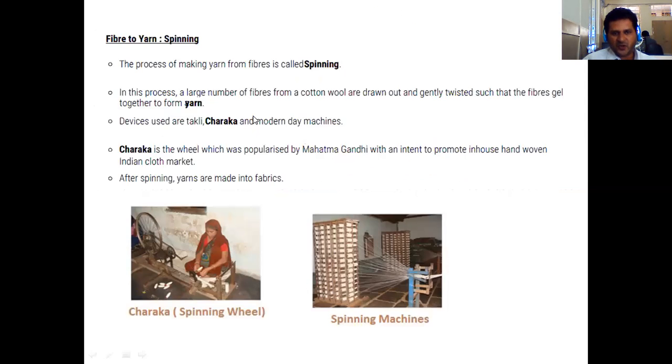Here is how fiber is processed into yarn. Either by spinning, human beings or using machines, they process it, whether it is cotton, jute or silk. Once they obtain the fibers, they have to process them by spinning to obtain yarns.